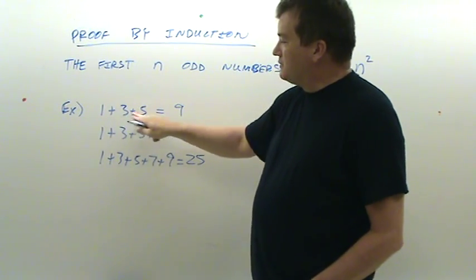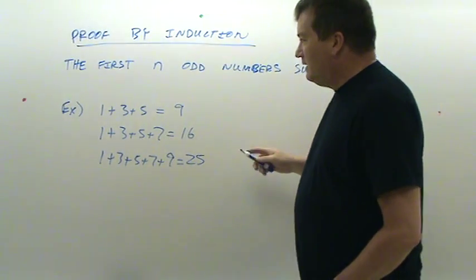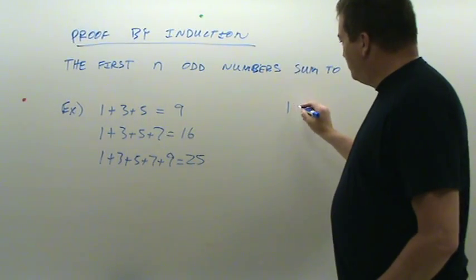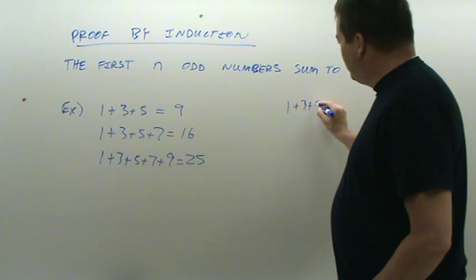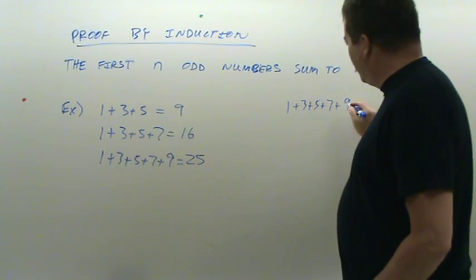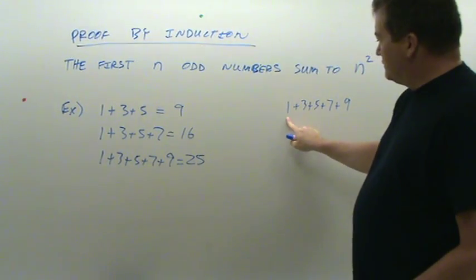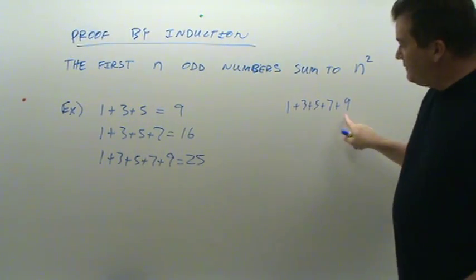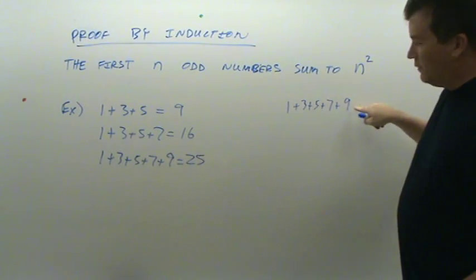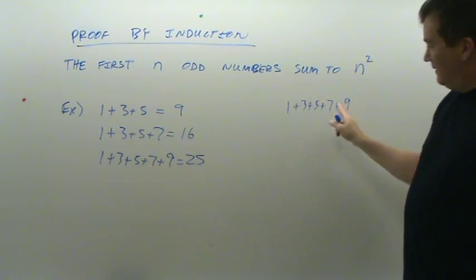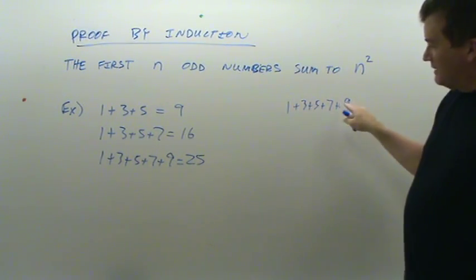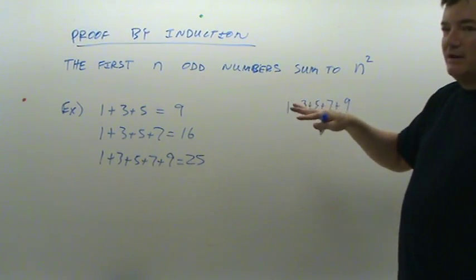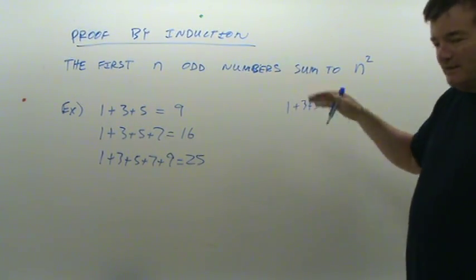So if we had 1 plus 3 plus 5 plus 7 plus 9, we have 5 numbers. Now if we took 5 times the average of all these, multiplying them by their average would be the same as adding them all up.